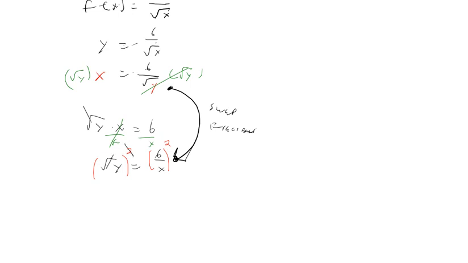I have y by itself, and it's going to be 36 over x squared. So my inverse, f inverse of x, is equal to 36 over x squared. And that's my answer.